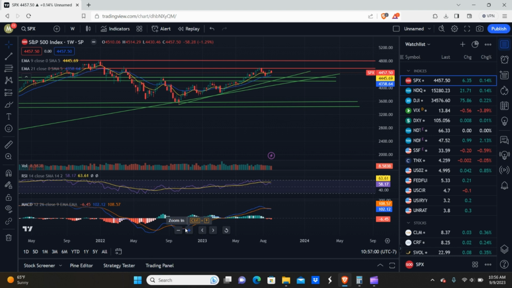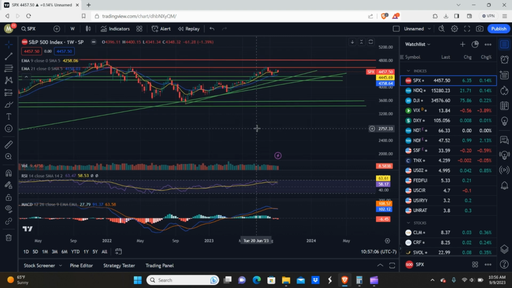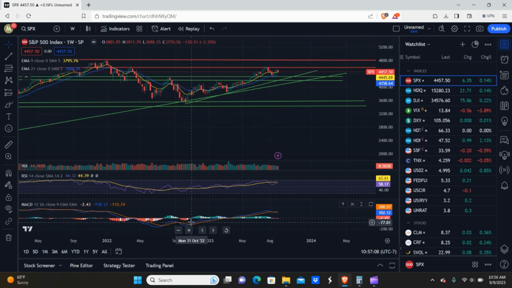We had the MACD golden cross down here on the weekly in about October of 2022. Funny enough, this actually almost perfectly coincided with the bottom of the bear market lows last year. And you can see that we had the golden cross here on the RSI as well, right about the lows. In order for the RSI to flip from bearish to bullish territory, basically what we're looking for is a golden cross on the RSI.